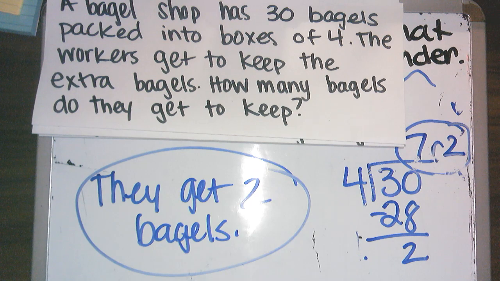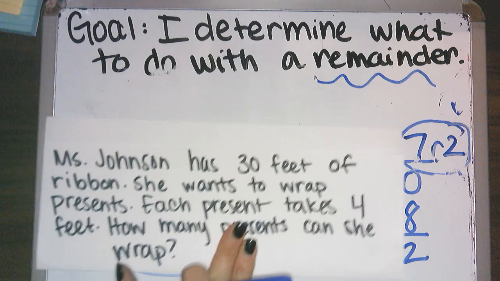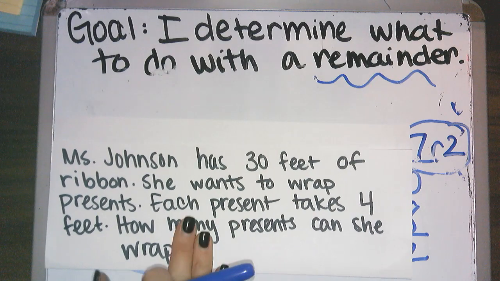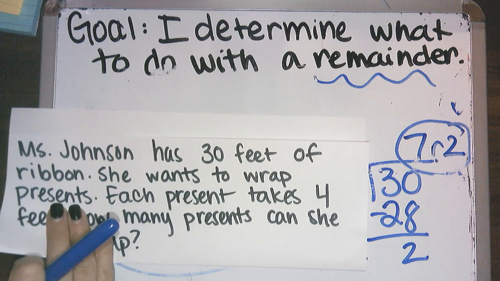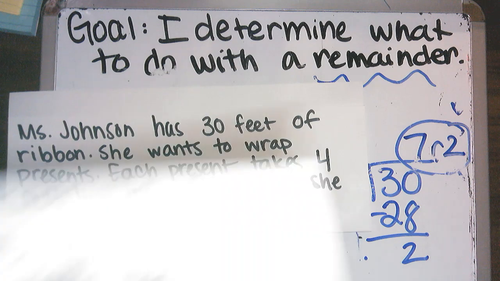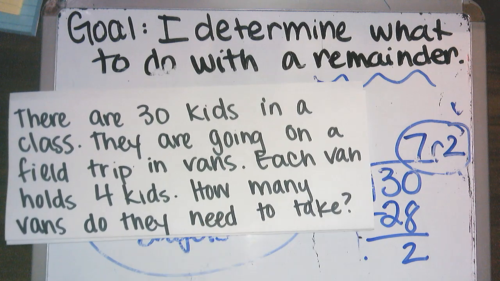If you think about what we just did, we had an instance right here where we ignored our remainder, and our math was still the same. Here, we had to round up because we needed to include everyone.